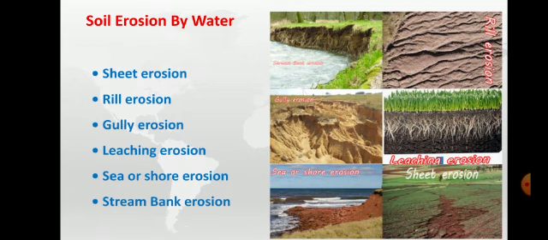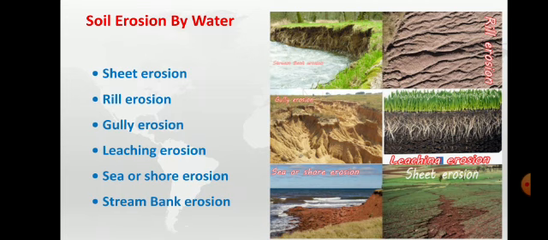It makes water very muddy also. The best example for this is the Chambal Valley region. You can see the picture here, how the gully erosion is. It is unproductive; no plants can be grown here.